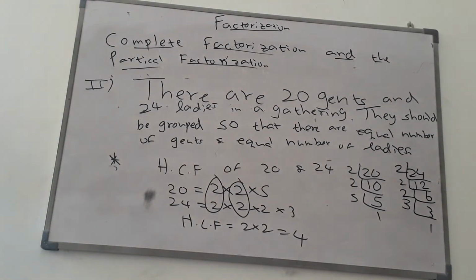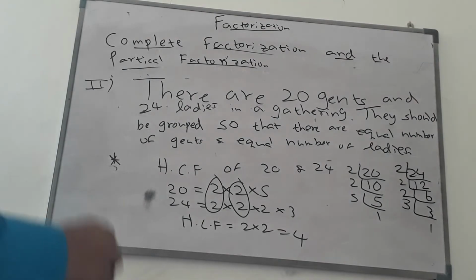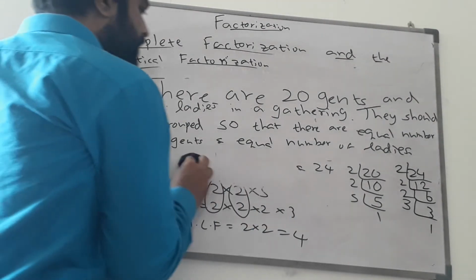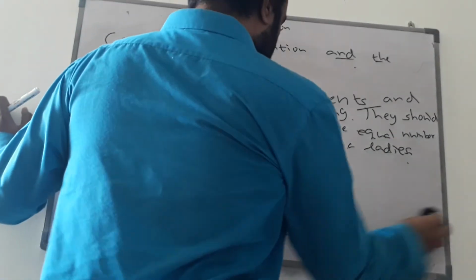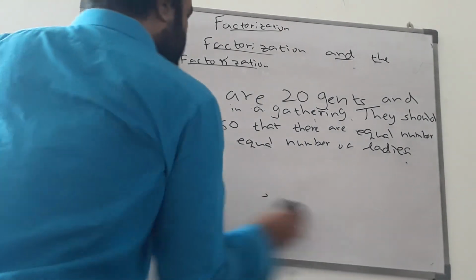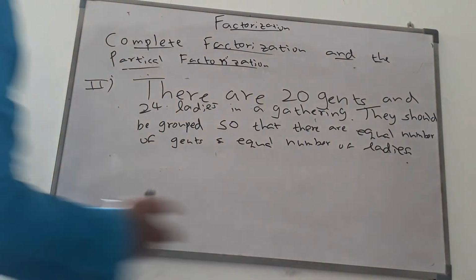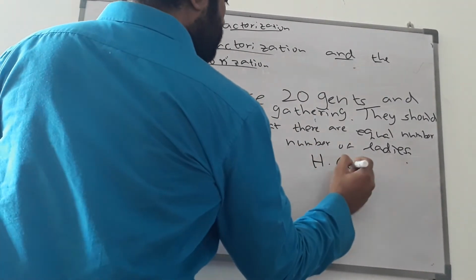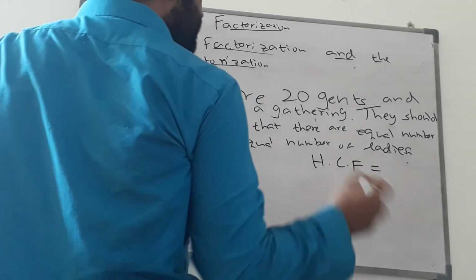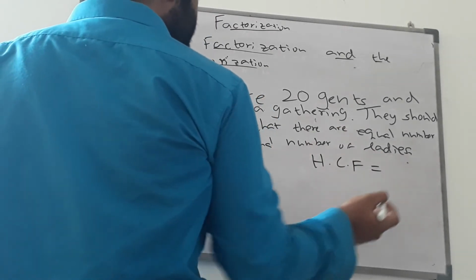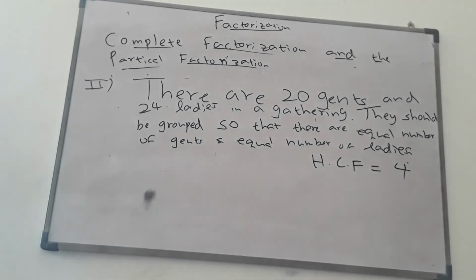Second part, they ask how many gents and how many ladies are there in each group. Okay, we know the maximum number of groups we can make for these gents and ladies is 4.